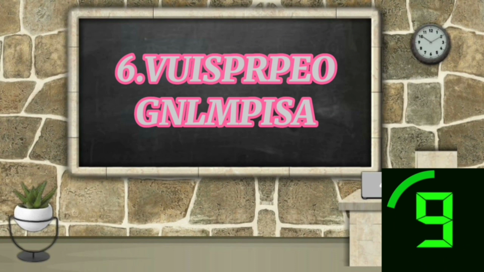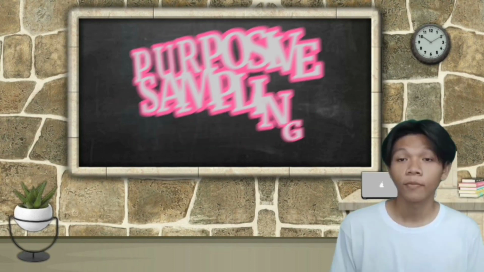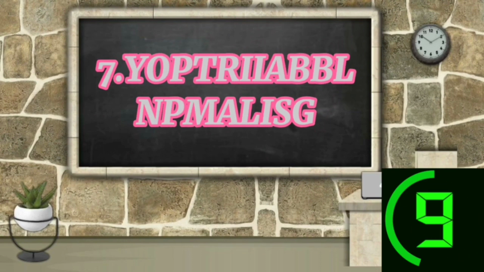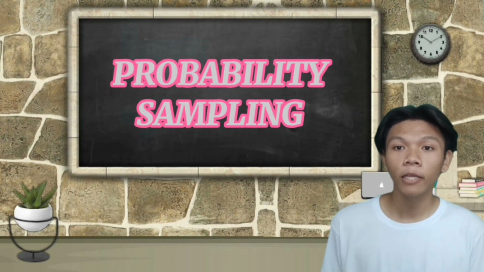Number 6. Good work. The answer is purposive sampling. Number 7. Correct. The answer is probability sampling. Number 8.